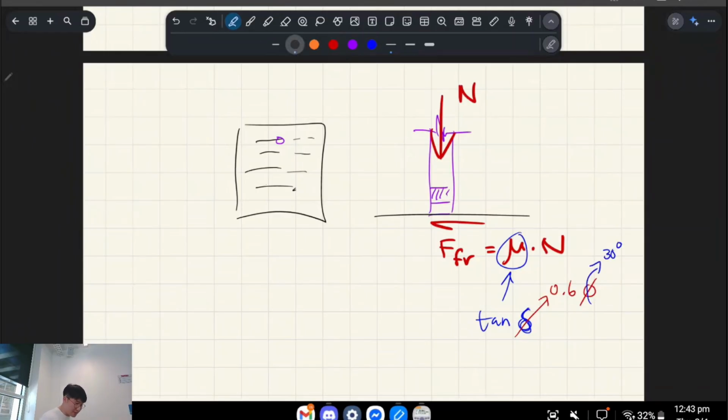I didn't calculate it before this, but this gives us some kind of value for mu, which is less than 1, but greater than 0, okay?